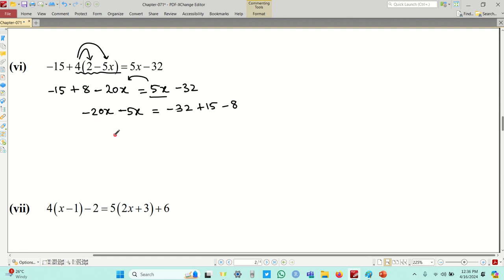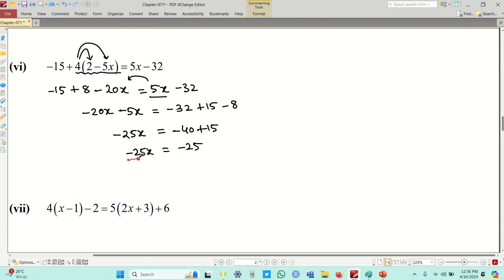So minus 20 minus 5 is minus 25x is equal to, if you simplify, minus 32 minus 8 is minus 40, plus 15. Minus 25x is equal to minus 40 plus 15. It will come minus 25.